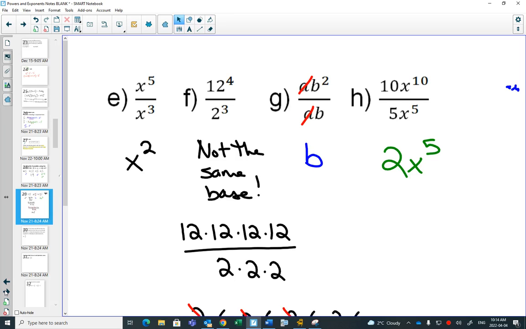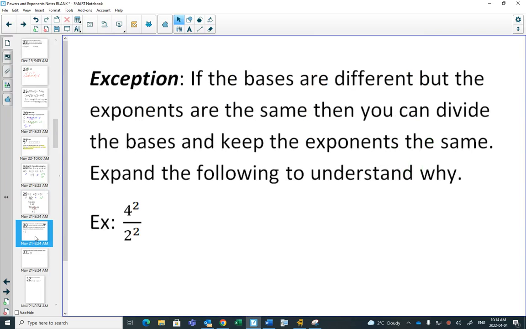On the next one, could we use the law here? No. We can only use the subtracting thing if things are exactly the same. If the bases are different, the best you can do is write it in expanded form.